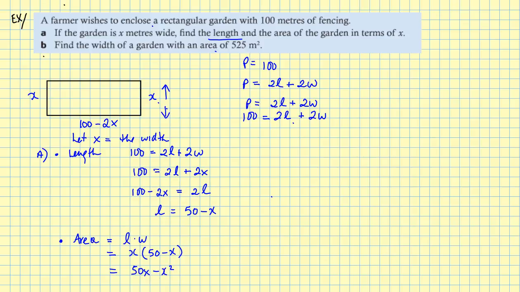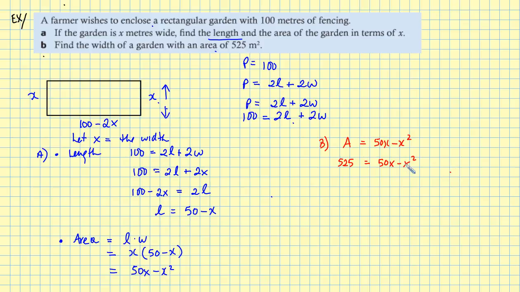Now, in solving part B, they want us to find the width of the garden that has an area of 525 meters squared. Since I have already determined that the formula for the area is 50x minus x squared, I can say that the area in part B, which I know to be 525, is equal to 50x minus x squared.